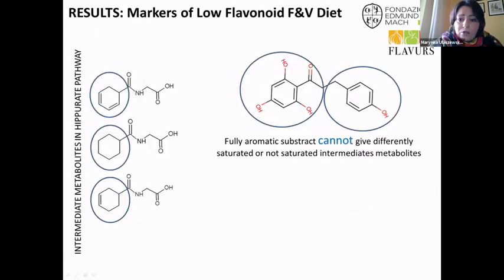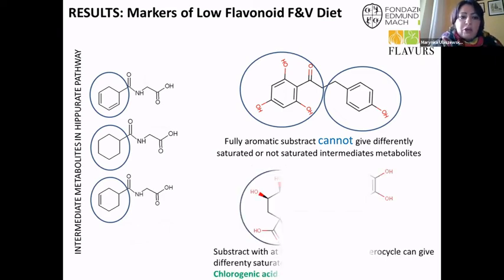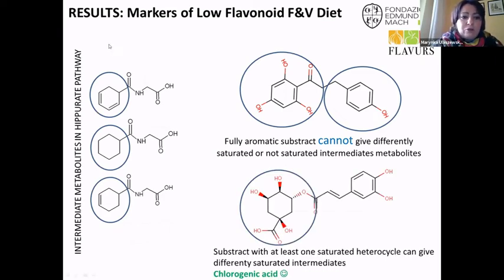And again, it's important to understand where these compounds come from. If you have compounds that have a different level of saturation in the benzyl ring, you need to think about what structure allows me to obtain those compounds.